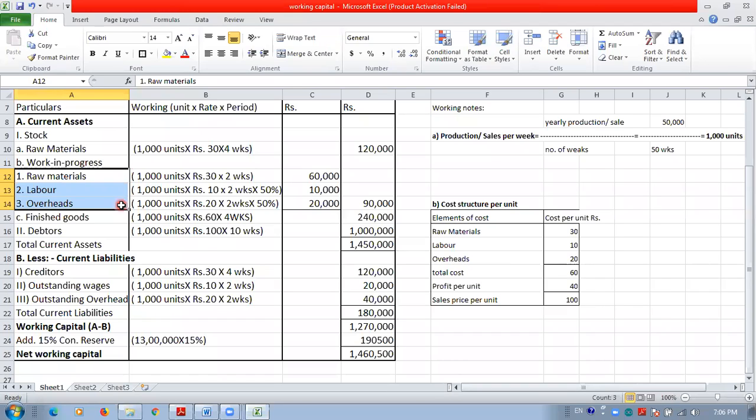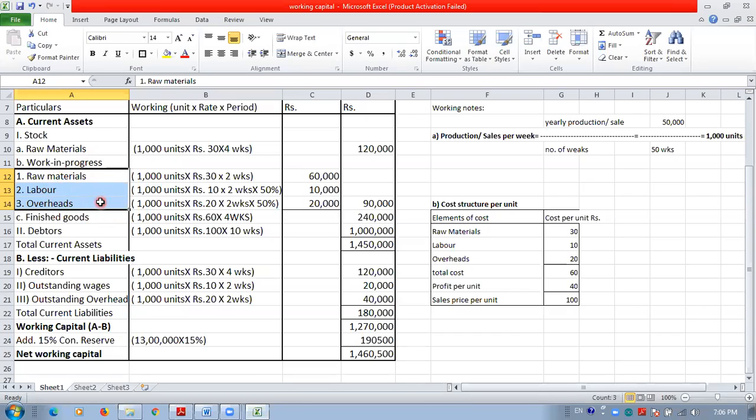If the production is completed, it obviously becomes finished goods, but it is not a raw material, and it is not finished goods either. It is in between, that is, work in progress. We are still processing that production.